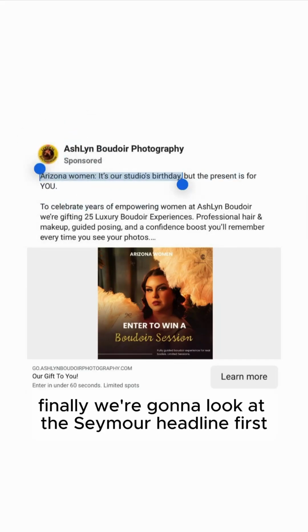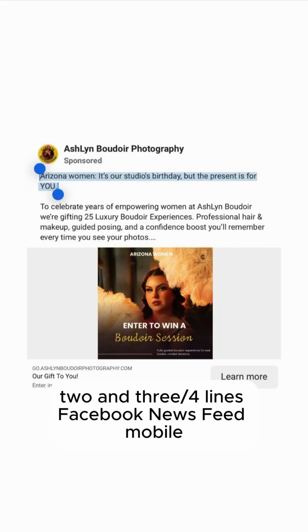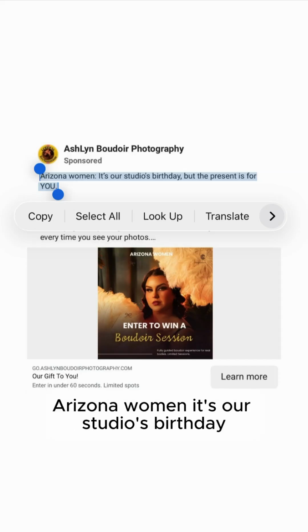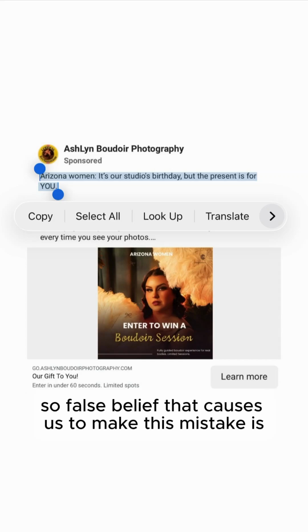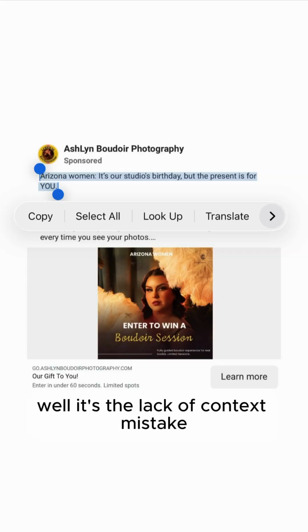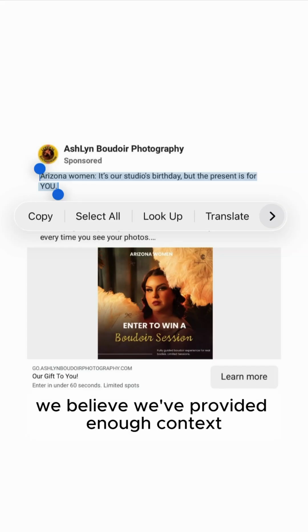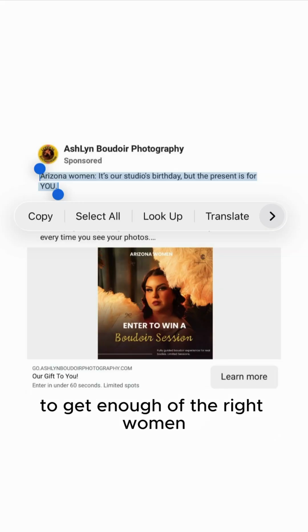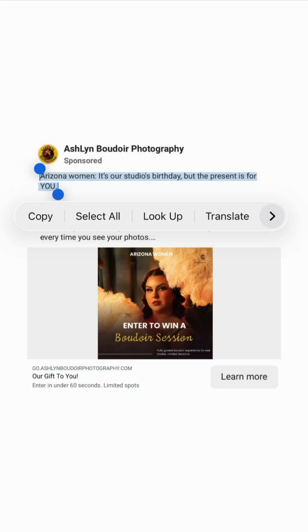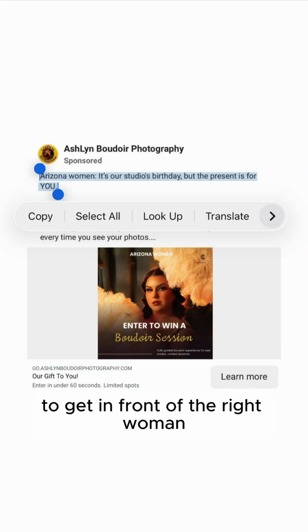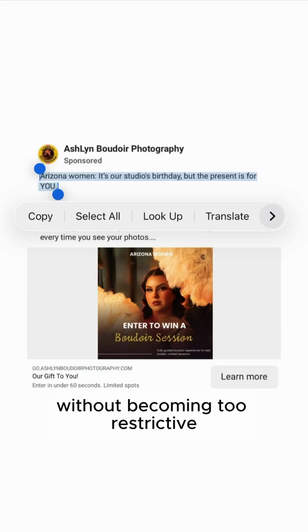Finally, we're going to look at the See More headline. First 2 3/4 lines on the Facebook newsfeed on mobile, but we're only using basically one line here. Arizona women, it's our studio's birthday, but the present is for you. The false belief that caused us to make this mistake is, well, just the lack of context mistake. We believe we've provided enough context to get the right women, and to tell the Facebook ad algorithm which women to go to, to get in front of the right women and have the right women click our ad without becoming too restrictive.